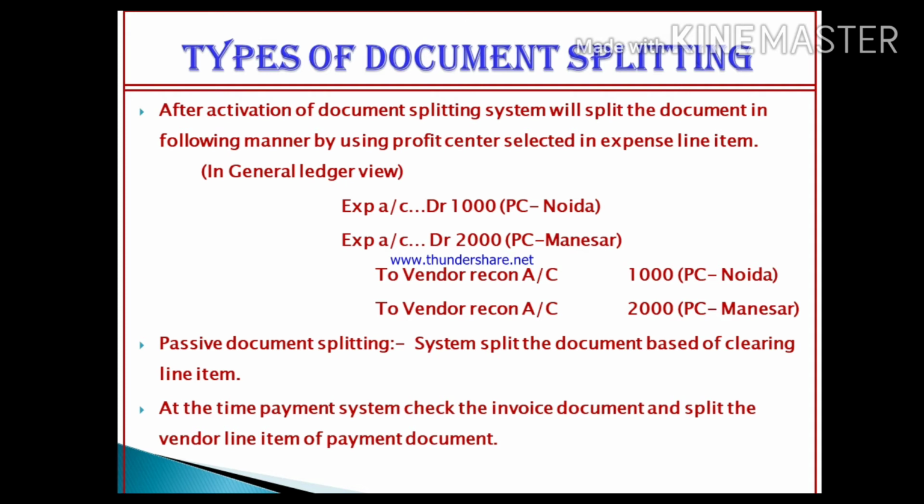Now the next type of document splitting is passive document splitting. Now what is passive document splitting? In passive document splitting, the system splits the document based upon the clearing line item.